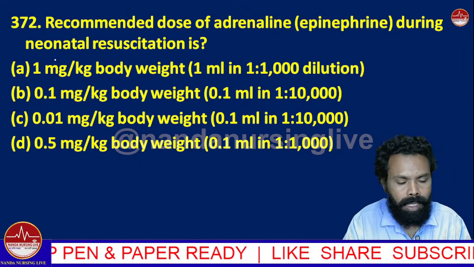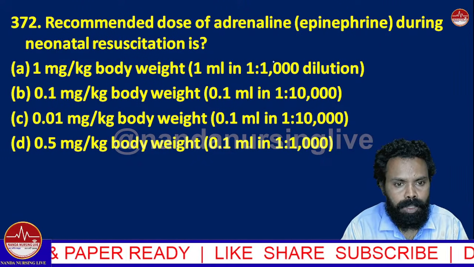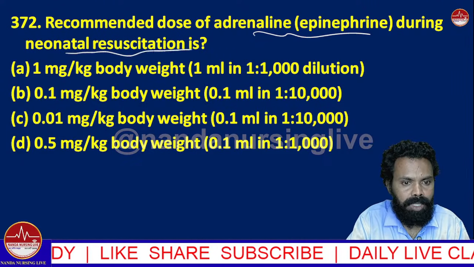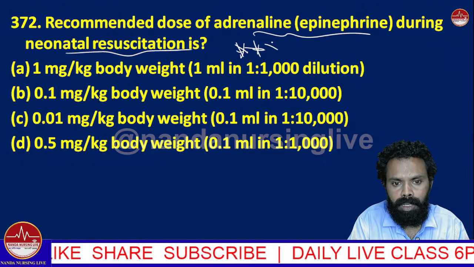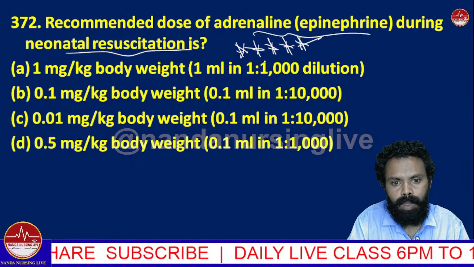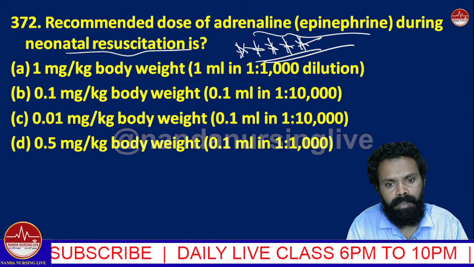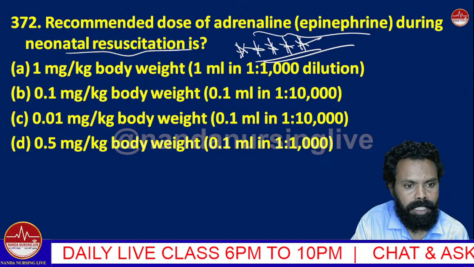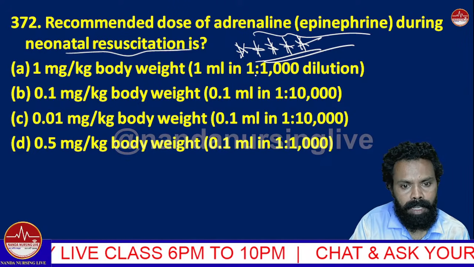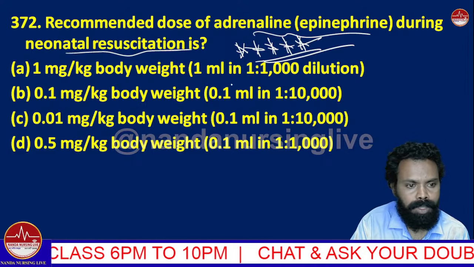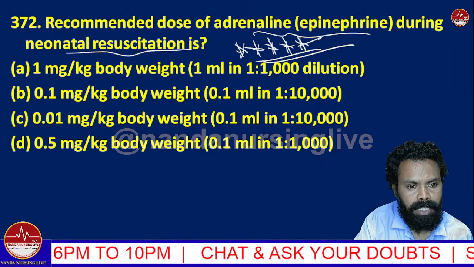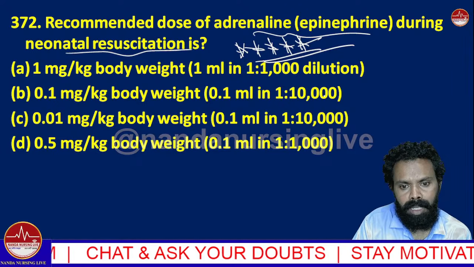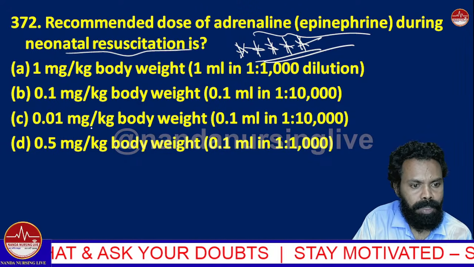Next question, question number 372. Recommended dose of adrenaline or epinephrine during neonatal resuscitation, most important MCQ. Option A 1 milligram per kg body weight, that is 1 ml in 1 is to 1000 dilution. Option B 0.1 milligram per kg, that is 0.1 ml in 1 is to 10,000. Option C 0.01 milligram per kg.